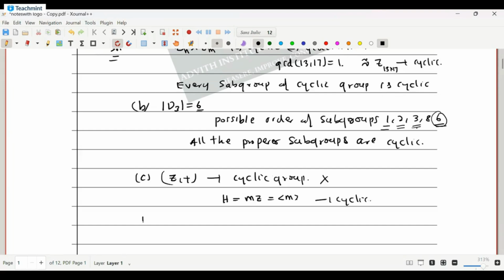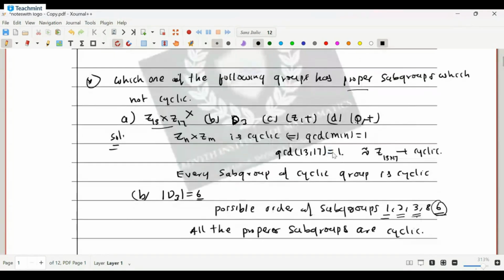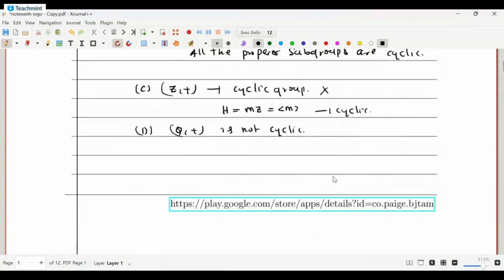So option D. Answer Q comma plus. This one is not cyclic. So option D is the correct one. There exists a non-cyclic subgroup H equal to the set of a by 2 power n, such that a belongs to Z and n belongs to N, which is a proper subgroup of Q comma plus, sir.